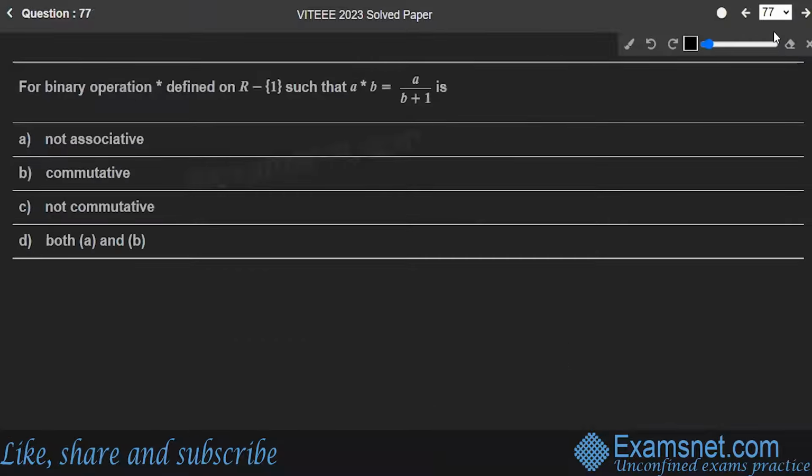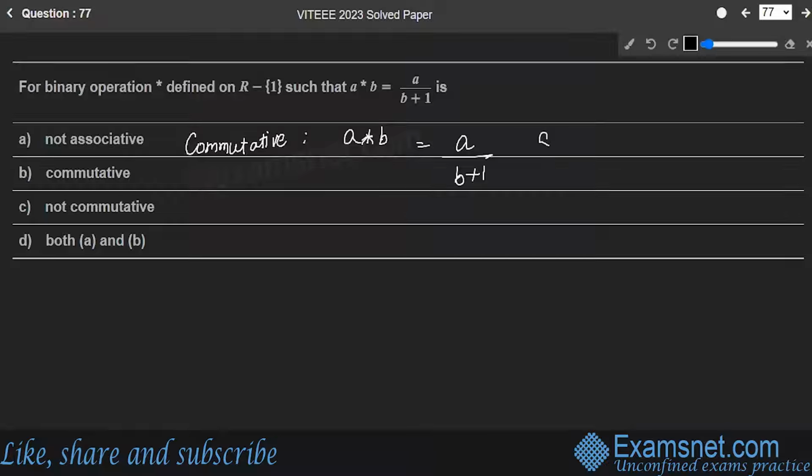Let's move to the next question, number 77. For a binary operation asterisk defined on all the real numbers except 1, such that a asterisk b is equal to a upon b plus 1, it is: non-associative, commutative, non-commutative, or both A and B. Okay. So first of all, let's check it for commutative. A asterisk b is equal to this.